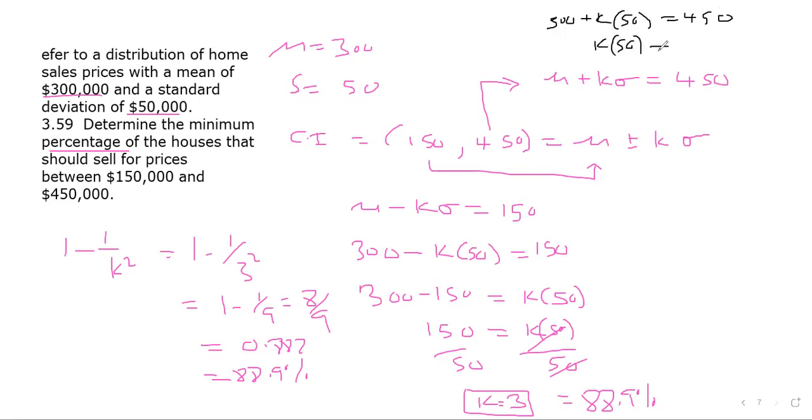So this will be 450 minus 300, which gives us 150, equal to k times 50. 150 divided by 50, the k is still 3. So we still get the same answer of 88.9%.